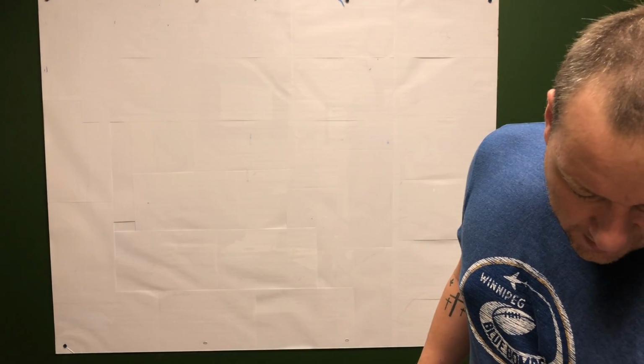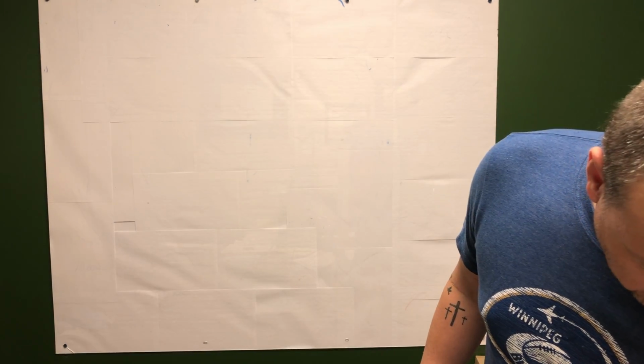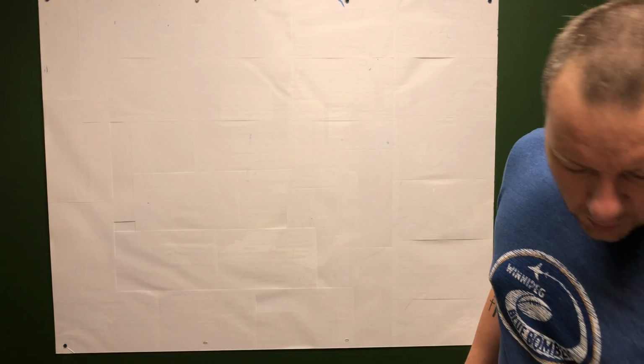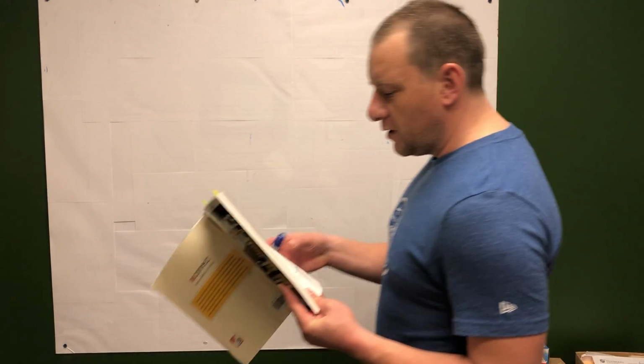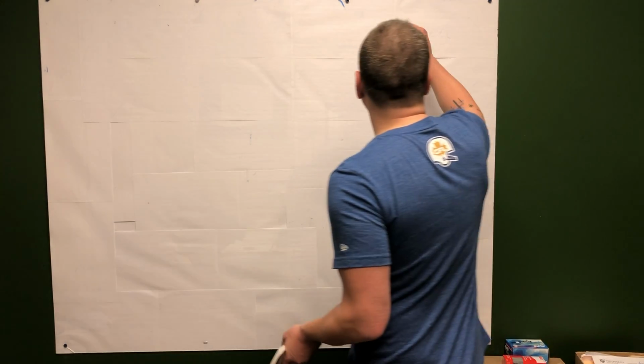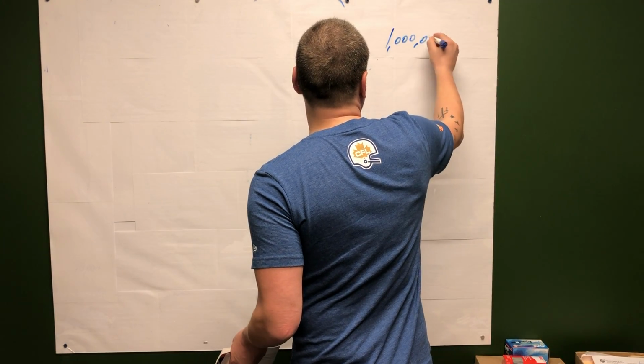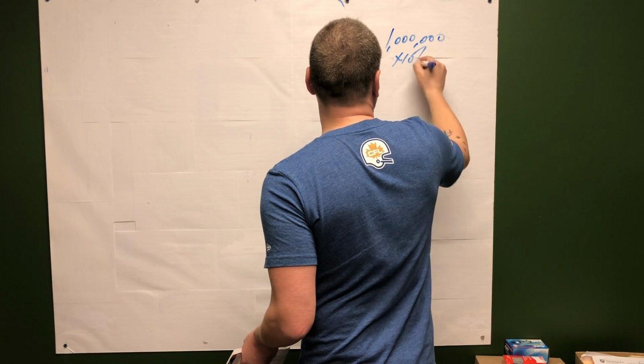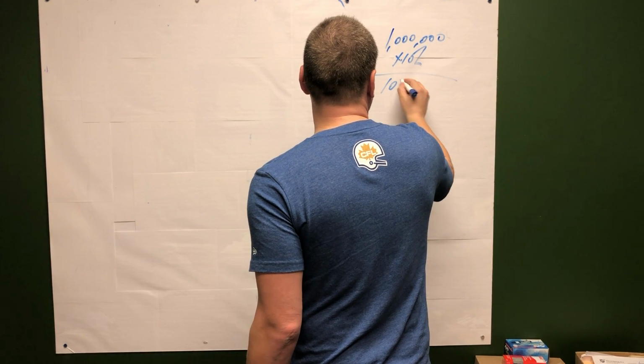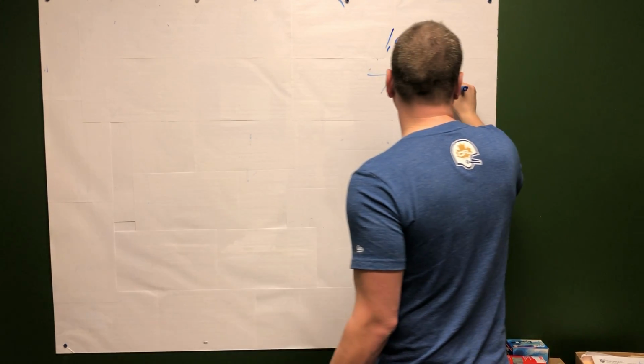Let's go back to page 316. It says here, for example, a firm pays a 10% coupon on $1 million of debt. Maybe it's a bond. That's going to be $100,000 of interest.